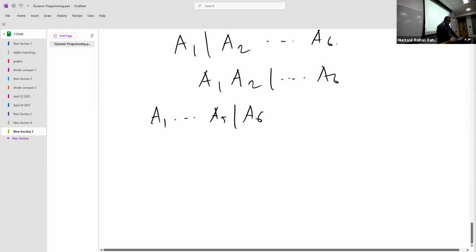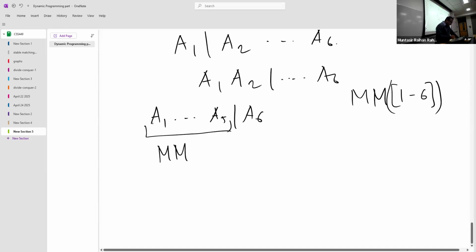My original problem was, let's call it MM for matrix multiplication of 1 to 6, right? That's my original problem. If I split between A5 and A6, then this becomes a subproblem of the range 1 to 5, and this becomes a subproblem of just 6, so we can say 6 to 6, just to make it formal. And then these are my two recursive subproblems.